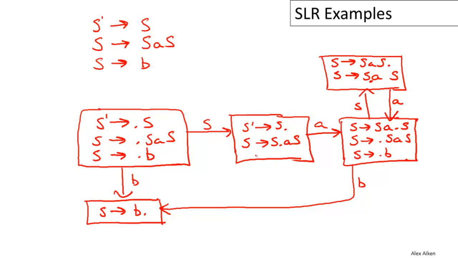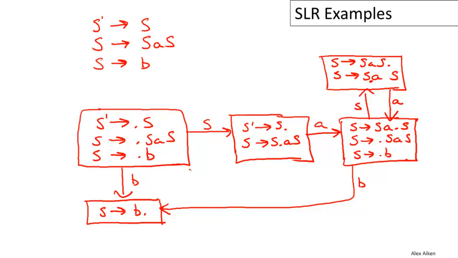And now the question is, is this parsing automaton the parsing automaton of an SLR1 grammar? In order to answer that question, we have to look for possible reduce-reduce and shift-reduce conflicts. Well, a quick scan of all the states here will convince you that there are not any states where there are two possible reduce moves.